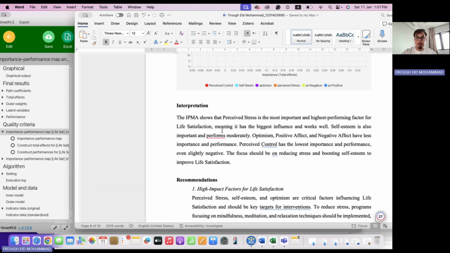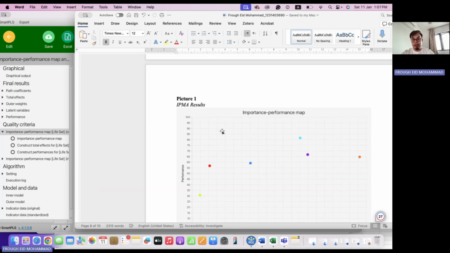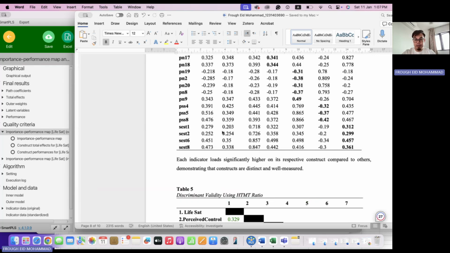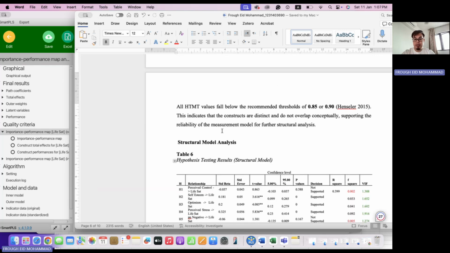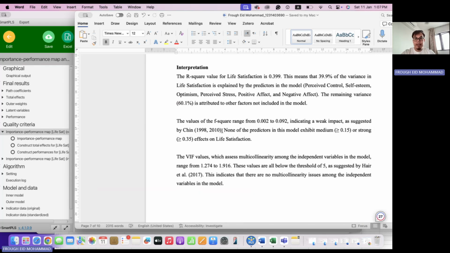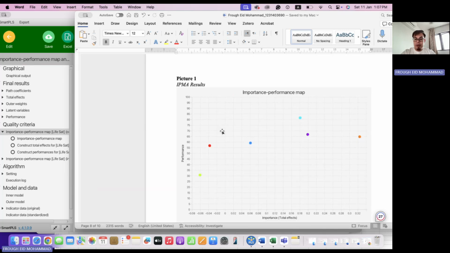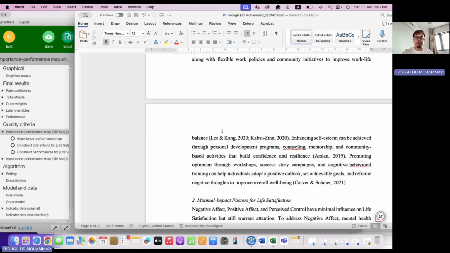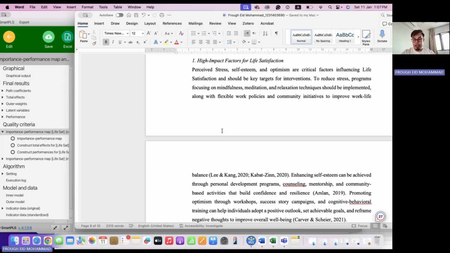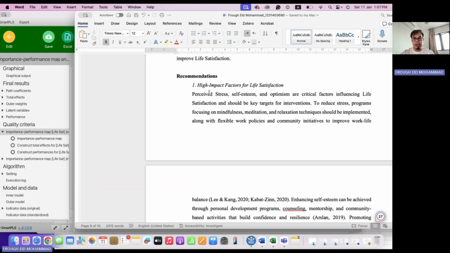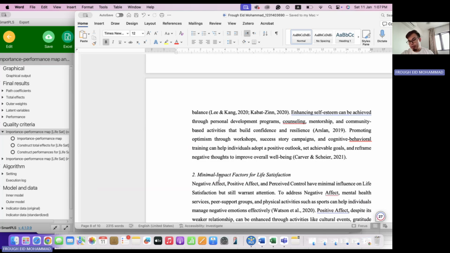So based on all these values and analysis, measurement analysis and structural analysis, and the IPMA, here I have written the recommendations. Actually, I have written the recommendations in two categories: one is high impact factors and the next one is minimal impact factors.